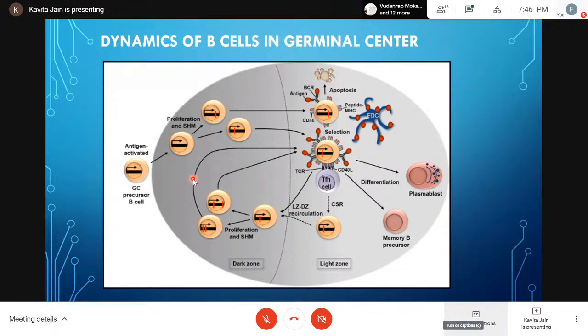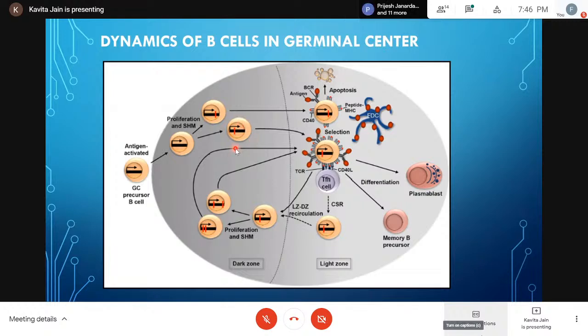So these blasts, when they keep on dividing, also acquire certain mutations by the process of somatic hypermutation in the immunoglobulin light chain, the IgV area where you have the antigen binding sites. By this somatic hypermutation, a lot of recombinations occur, and this results in high affinity B cell receptors on these B cells.